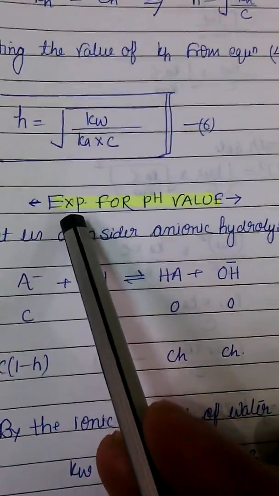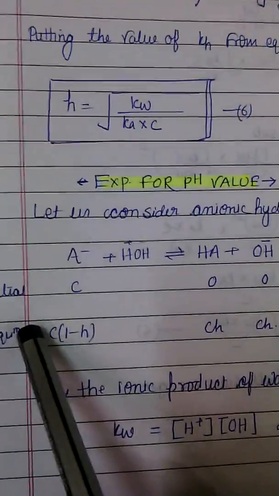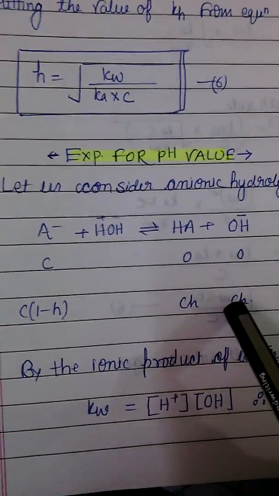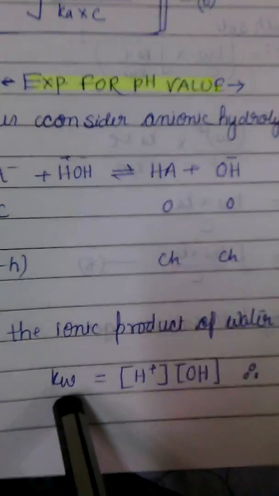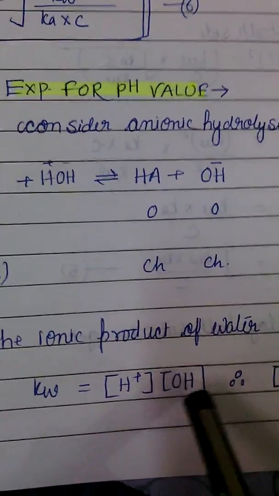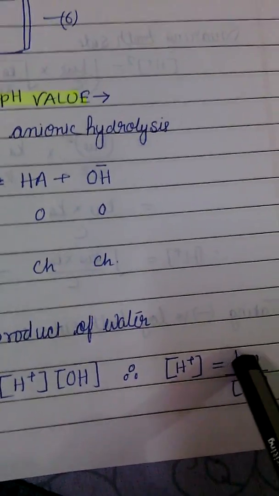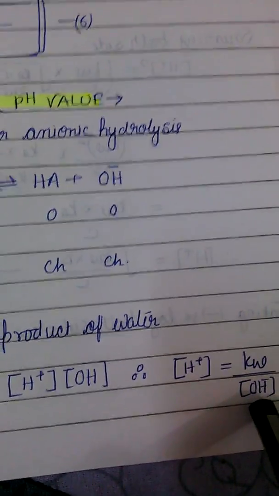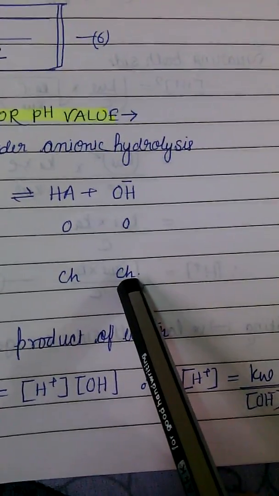Now the next part of the question is to find out the expression for pH value. Again we consider anionic hydrolysis that we have already discussed in the earlier part. By the ionic product of water, we have Kw equal to concentration of H+ and concentration of OH-. Therefore concentration of H+ equals Kw by concentration of OH-. Concentration of OH- is already found, that is Ch.